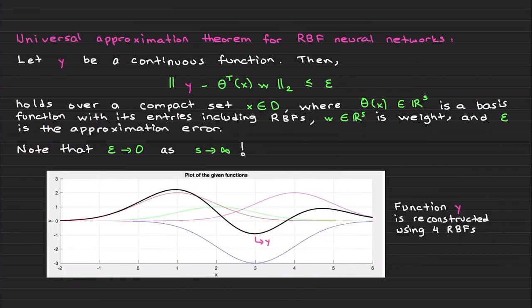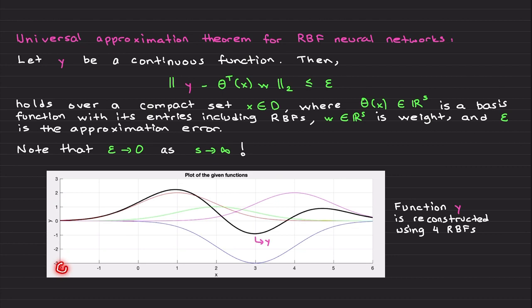Bear with me. Before that, let's talk about the universal approximation theorem for radial basis function feed-forward neural networks. And I will be a little bit mathematical. Let y be a continuous function. Then this Euclidean norm will be upper bounded by epsilon over a compact set D. The compact set D is basically the set over which we are approximating that function.